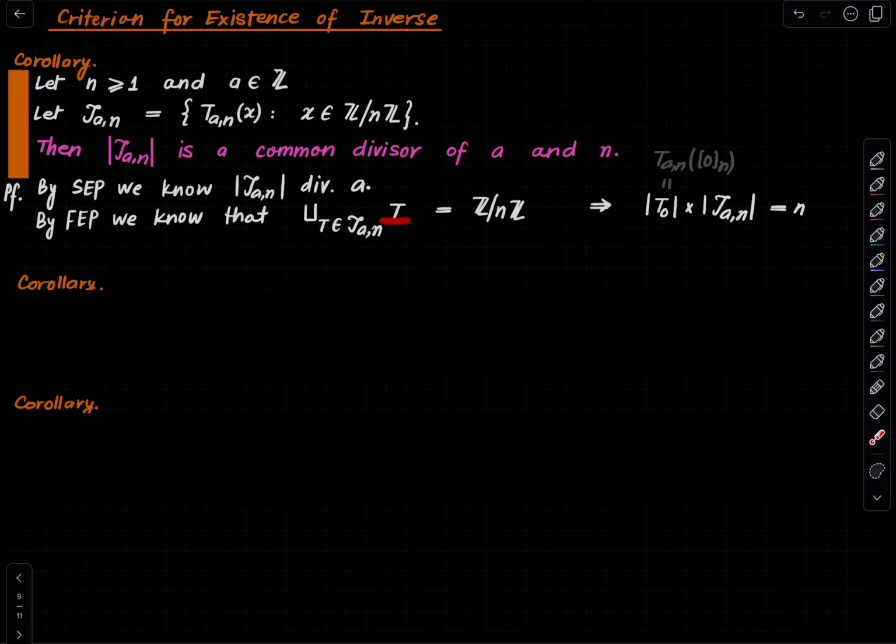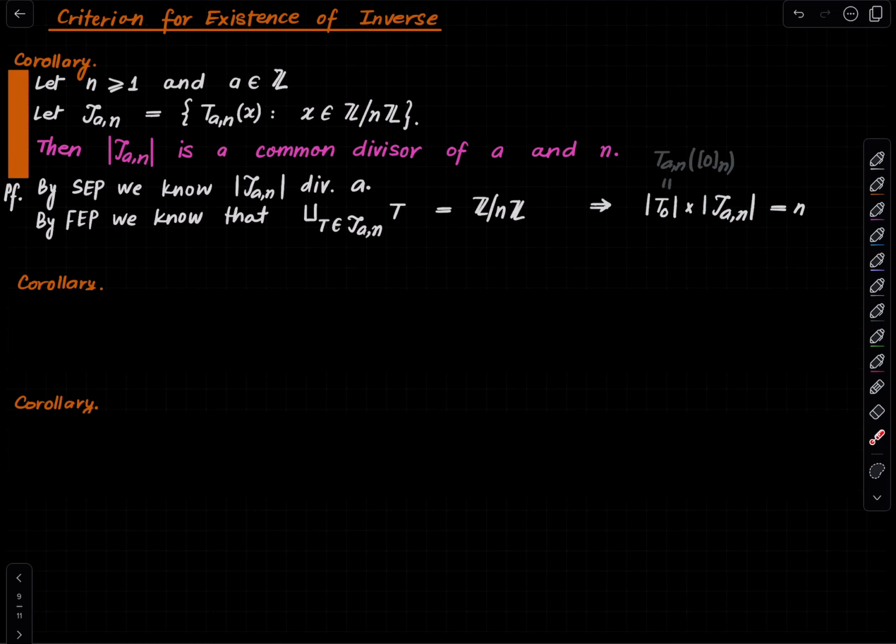Since any two trajectories have the same size, and since the trajectories partition Z mod nZ, n is the product of the size of the set of all the trajectories times some number. That number is the size of any trajectory you like. I have just chosen it to be the trajectory of 0. So we have that, and therefore the size of the set of all the trajectories divides n. So we have seen that this is the common divisor of a and n.